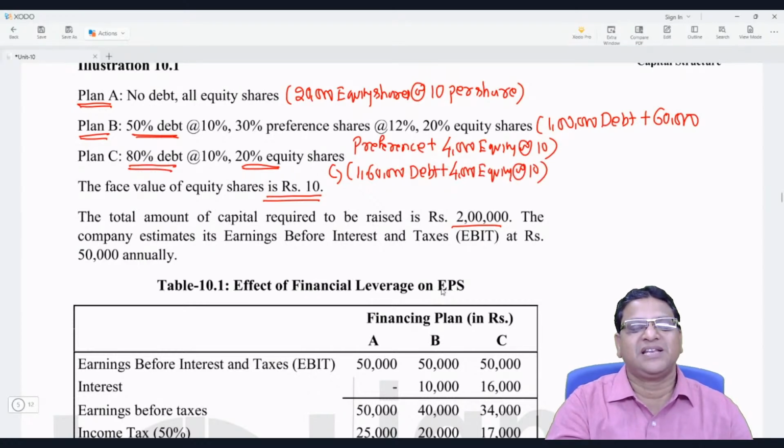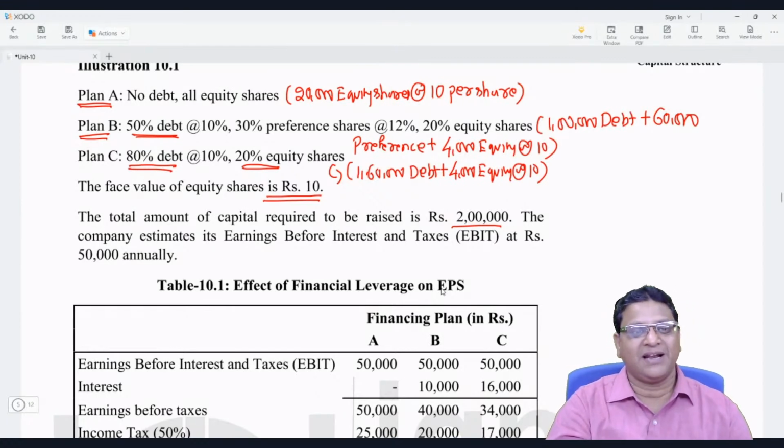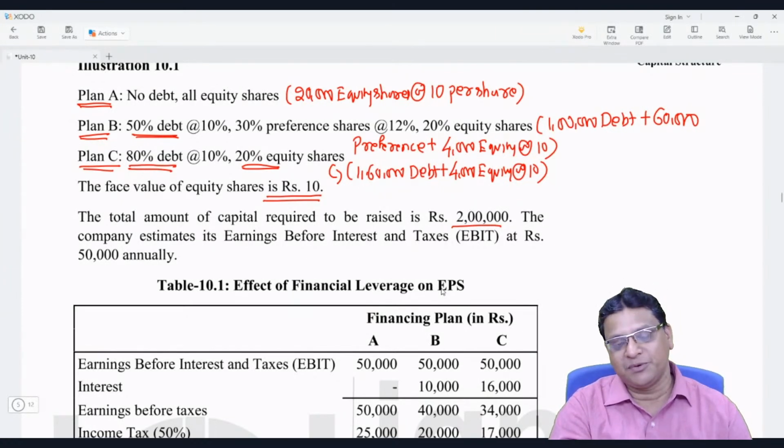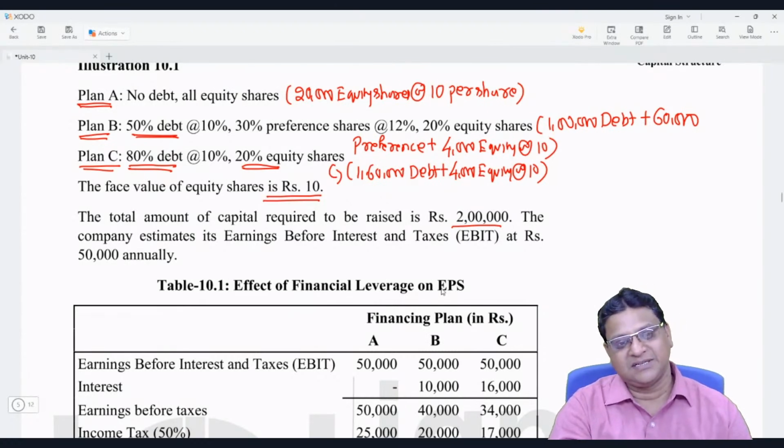So these are three capital structures. The company requires 2 lakh. In the first proposal, it will use 20,000 equity shares at the rate of 10. In the second proposal, it will use 1 lakh debt, 60,000 preference share and 40,000 equity. And in plan C, it will use 1 lakh 60,000 debt and 40,000 equity.